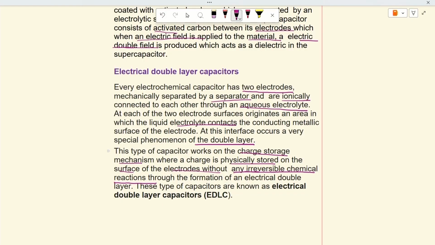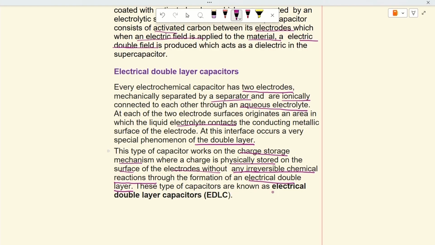It is not due to chemical reaction, but just by the formation of polarization, that is, they are getting charge separations. Okay. And this is stored in the form of an electrical double layer, and whenever required you can tap this charge as an electric current.